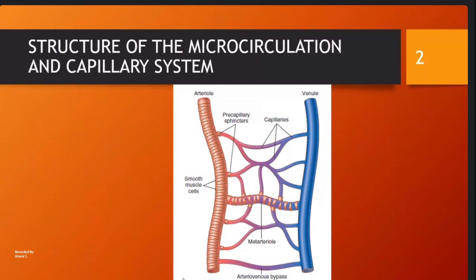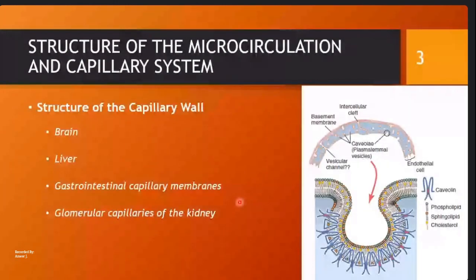The capillaries bed is not constant and not similar in all parts of the body. In some parts of the body, such as the brain, the capillaries form the blood-brain barrier because they are connected to each other very tightly and do not allow the free movement of molecules across the capillaries membrane.